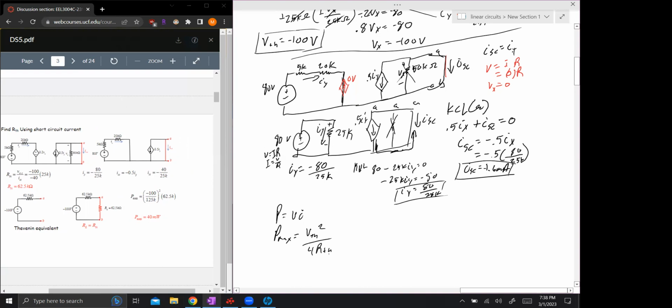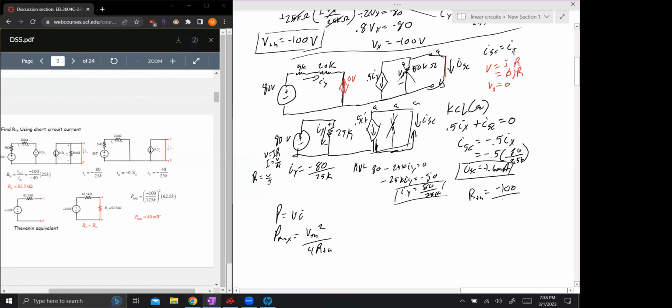Wait, we still need to calculate resistance then. So resistance, 2.5 kilo ohms. R is equal to V over I. So it's going to be negative 100 divided by negative 1.6 milliamps.